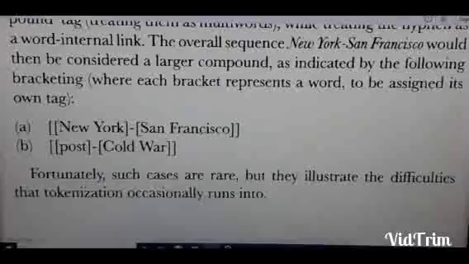Double bracket open, New York, bracket close, hyphen, bracket open, San Francisco, double bracket close. And the second, post-Cold War: double bracket open, post, bracket close, hyphen, bracket open, Cold War, double bracket close. Fortunately, such cases are rare, but they illustrate the difficulties that tokenization occasionally runs into.